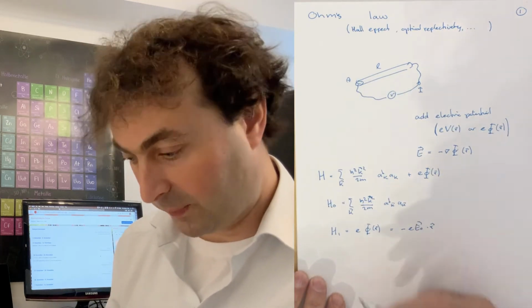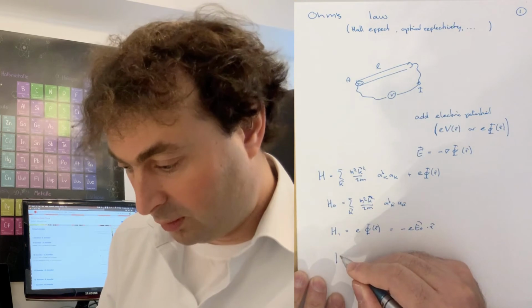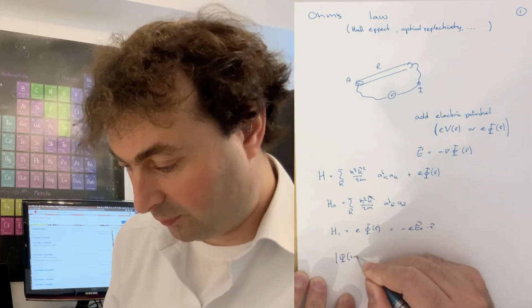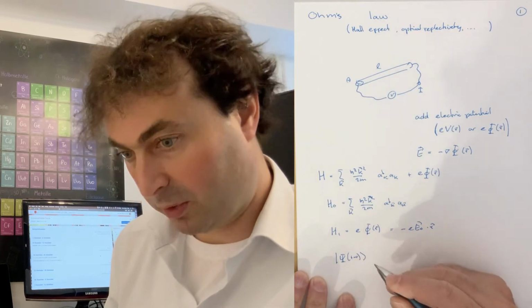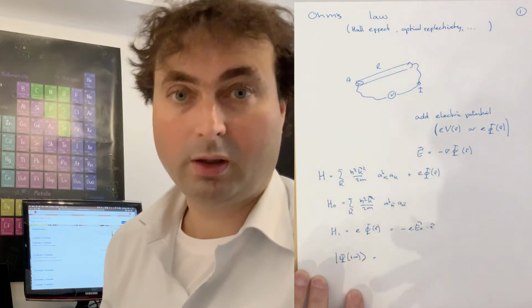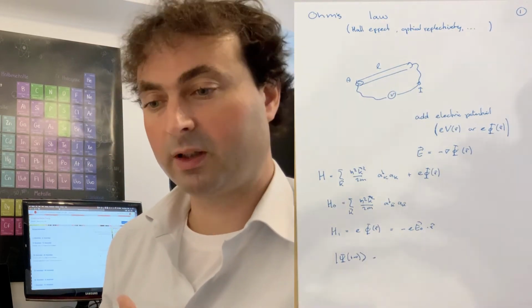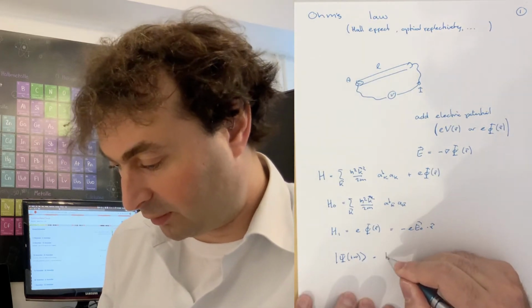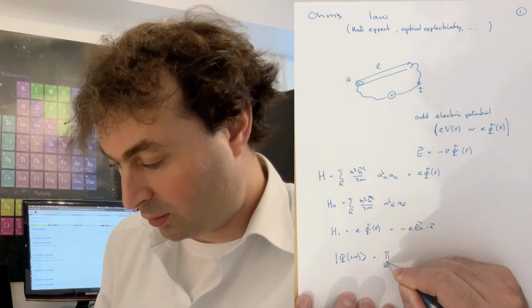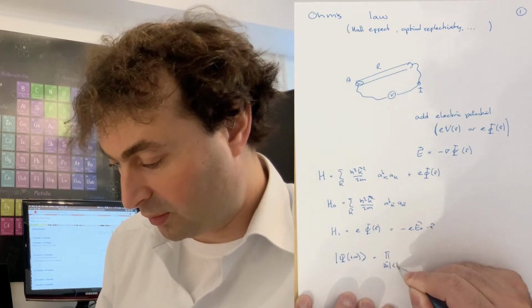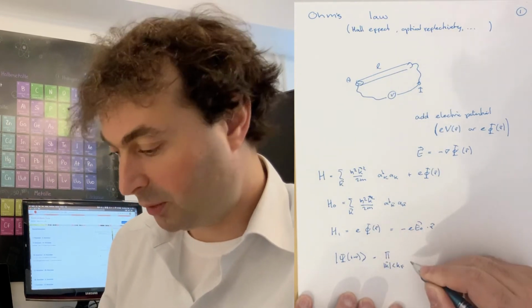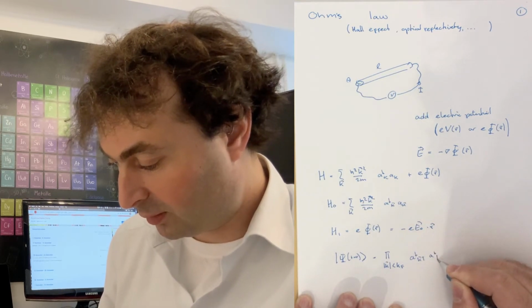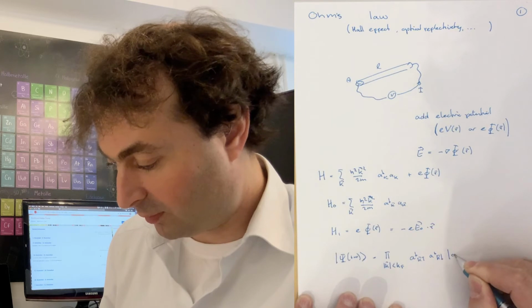Well, the ground state of H0 is the wave function that we take at time equals 0. And we've seen this before. These are the one particle eigenstates filled up to the Fermi wave vector. So we create all particles with a wave vector smaller than the Fermi wave vector for both spin up as well as spin down out of the vacuum.